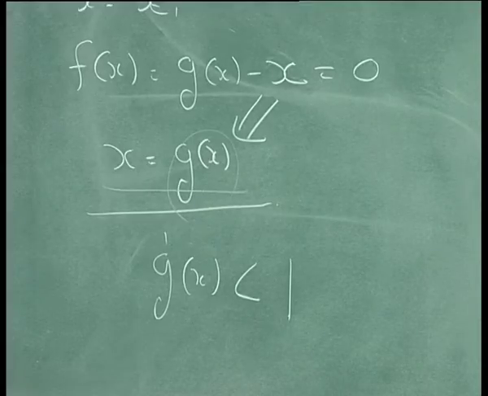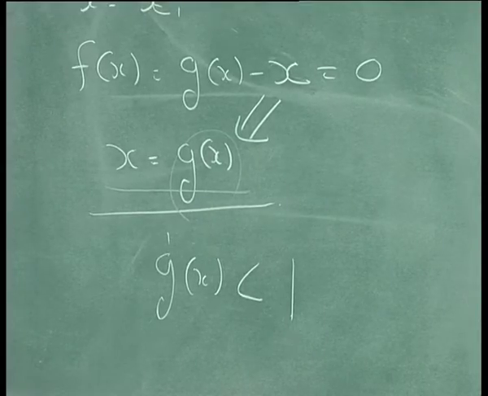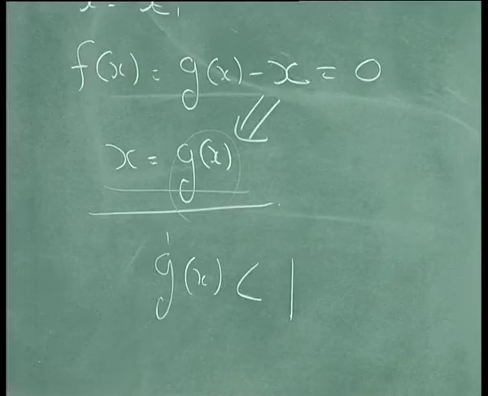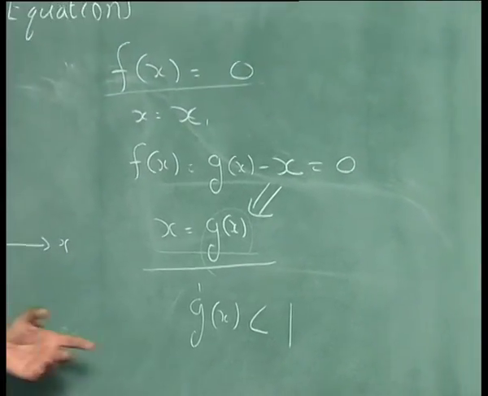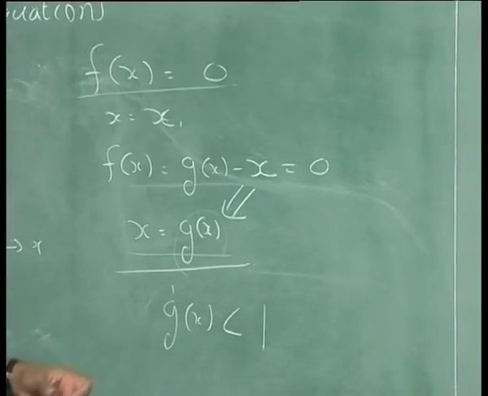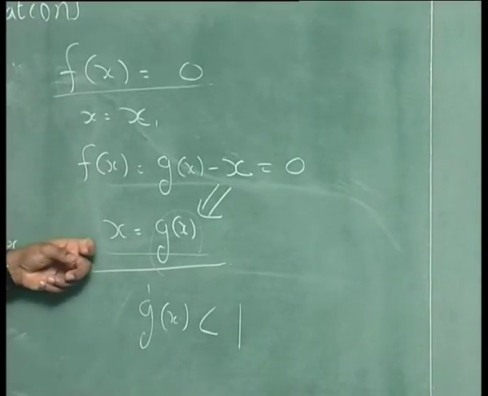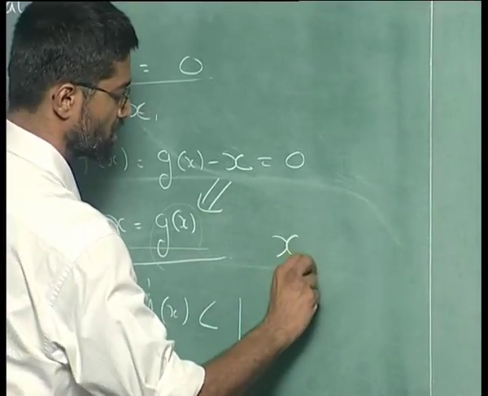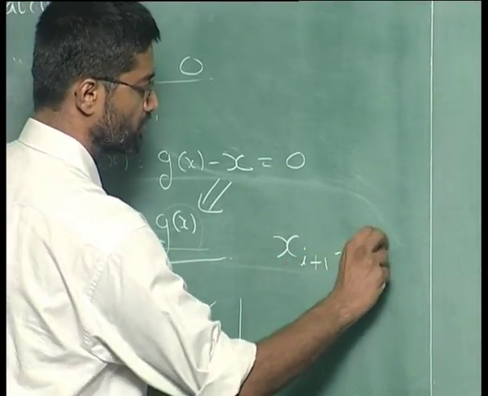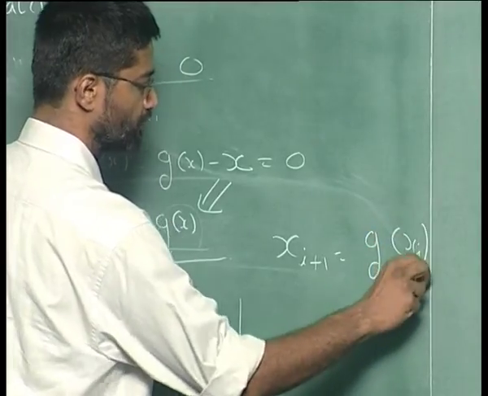That's something which you can easily see. Taking g of xi plus 1 minus g of xi, divided by xi plus 1 minus xi, that will be the slope of this. Comparing that with our equation, we are writing xi plus 1 is equal to g of xi.